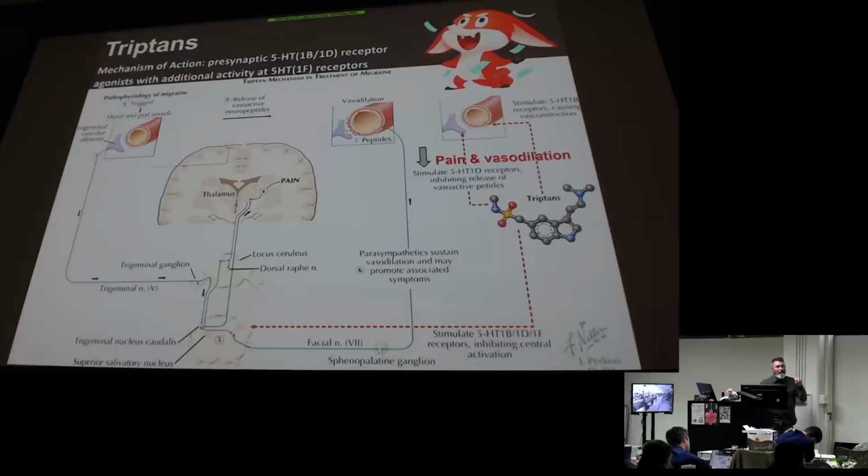By binding to and activating those serotonin 5-HT1B/1D receptors, it counteracts all 3 of those actions, right? So it vasoconstricts, because the dilation is what gives you some of the headache. It also inhibits the release of those inflammatory neuropeptides that I mentioned, and it also inhibits the pain transmission.